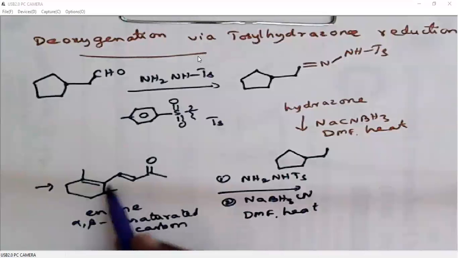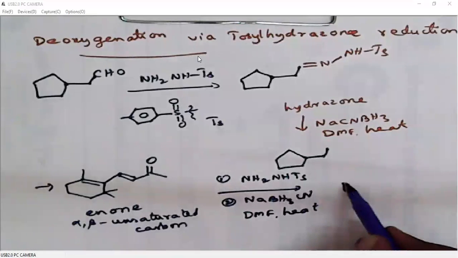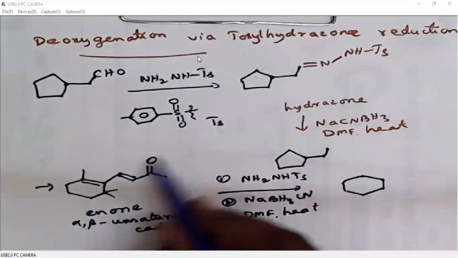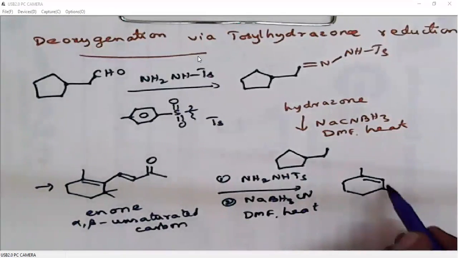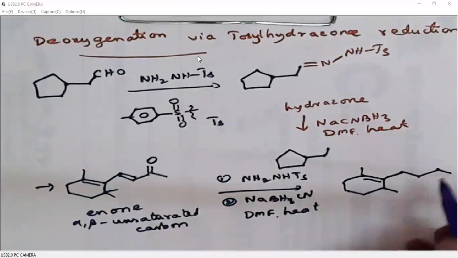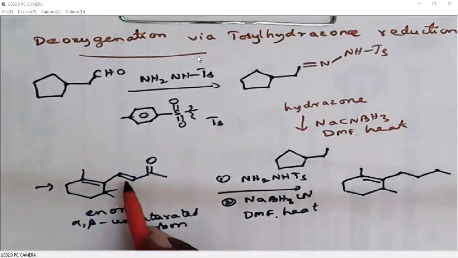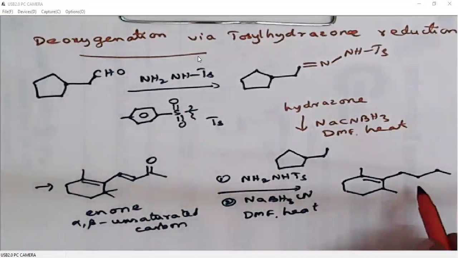The double bond will undergo migration. Of course, this C double bond N will be leaving. At the same time, the double bond will undergo migration. The double bond is here. Now it will migrate towards the carbonyl carbon, towards the ketone. So the new double bond will be here.